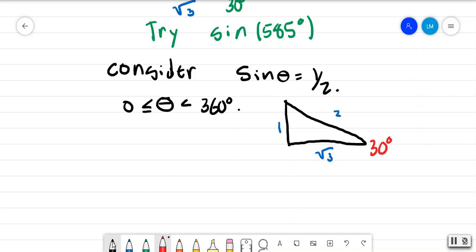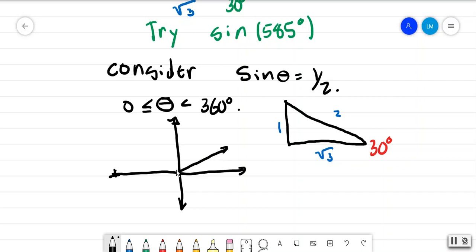Furthermore, think of it like this. Where is sine positive? Sine is positive in the first quadrant and the second quadrant. So you have that there's one right here, and then you have that there's another right there. So we have two angle measures which give us the exact same thing.